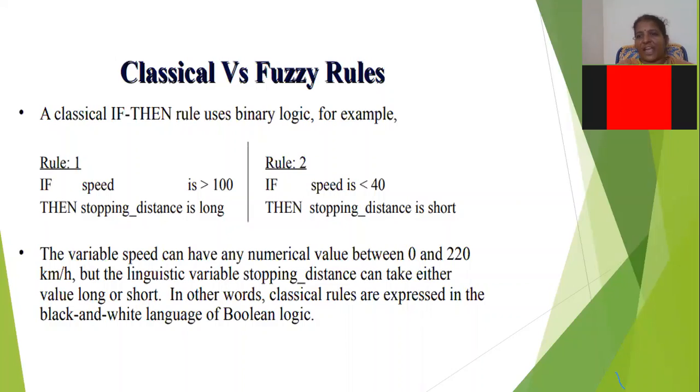That means if you are traveling at a speed greater than 100, you will be moving a very long distance. If the speed is less than 40 kmph, then you are moving a very short distance. The fact from these two rules is different.